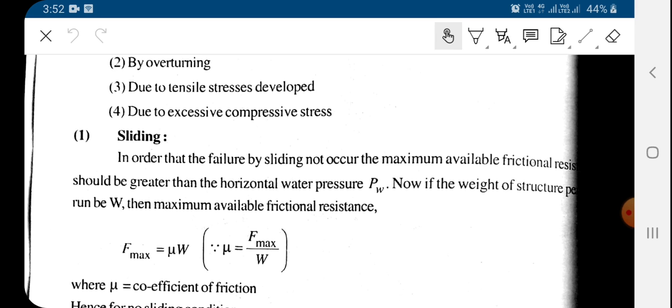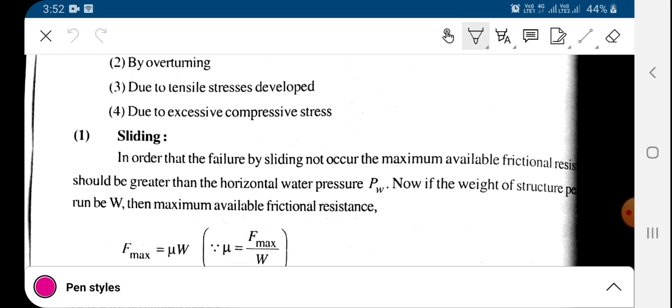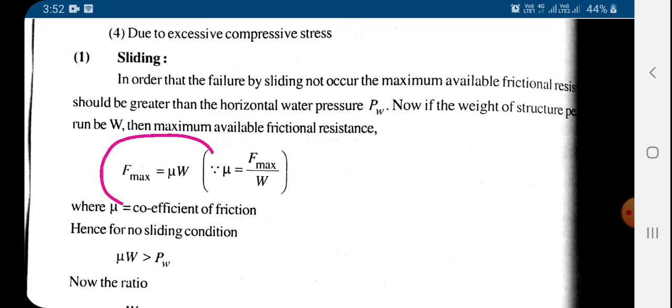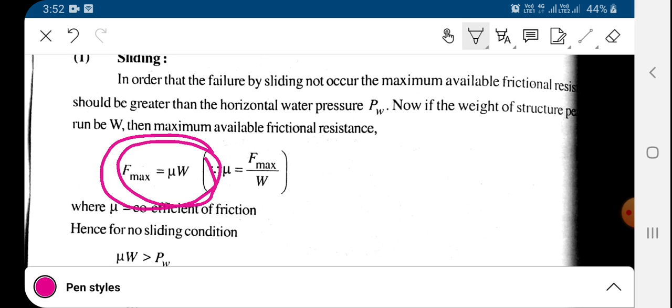Now this sliding resistance, whatever frictional resistance develops, will be equal to mu into W. So this is the frictional force that we have already seen in strength of materials. So this frictional resistance is mu into W.